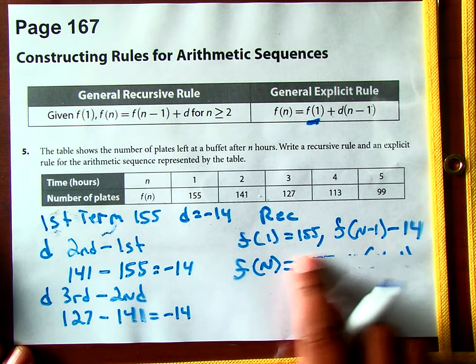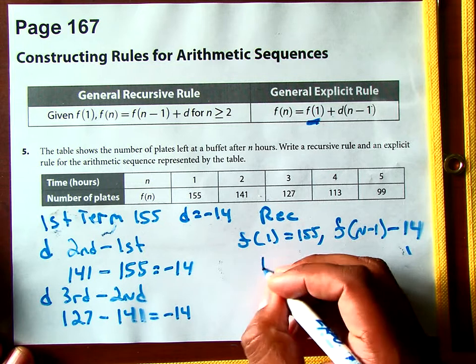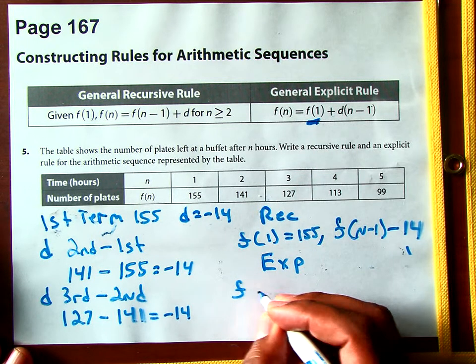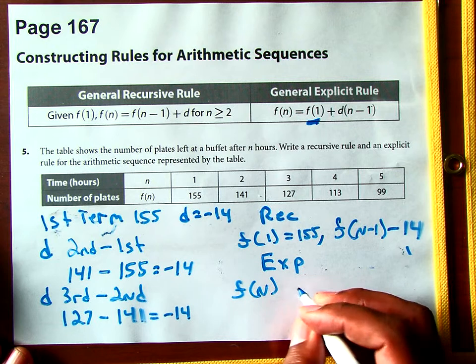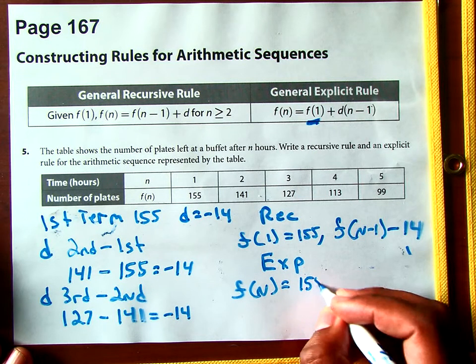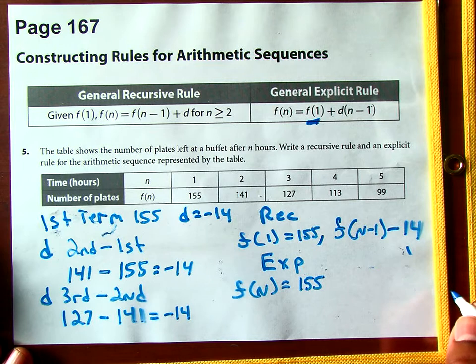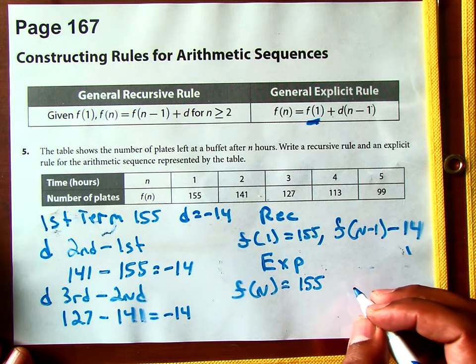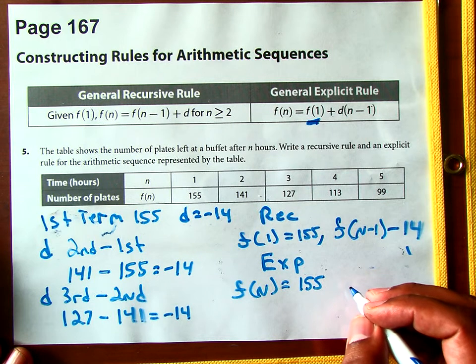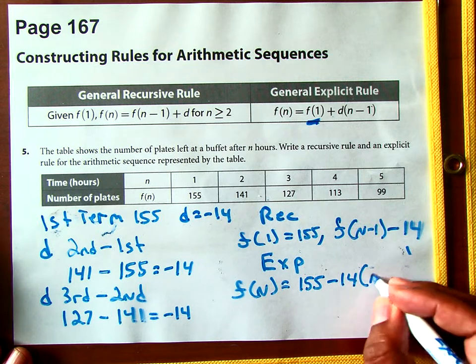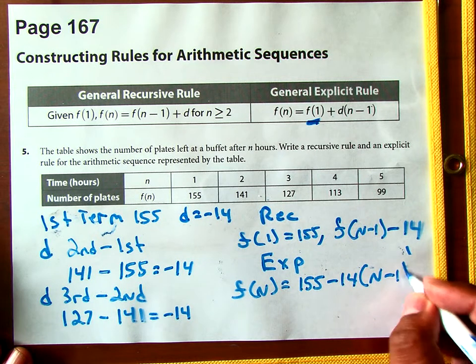As a matter of fact, I'm going to erase this and put EXP for explicit. So I'm going to write it again. f of n is equal to f of 1, which is the first term, 155, minus 14, n minus 1.